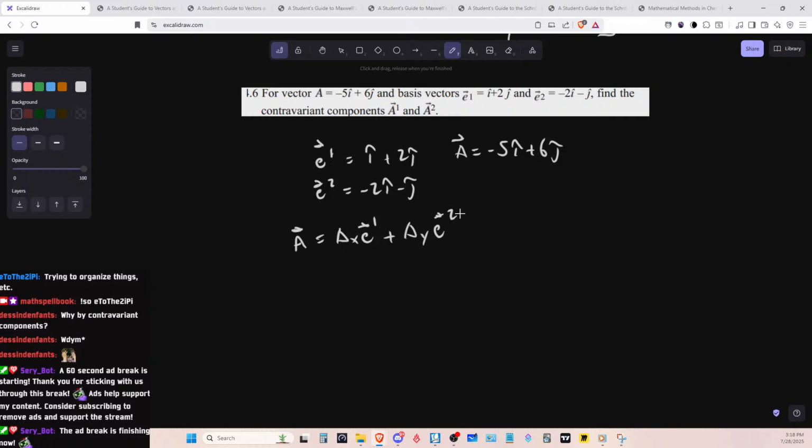Because usually the basis vectors kind of act as opposite components, because vector A is supposed to be the same in both cases. Because this one is basically the contravariant components, or basis vectors, I should say, the contravariant basis vectors.